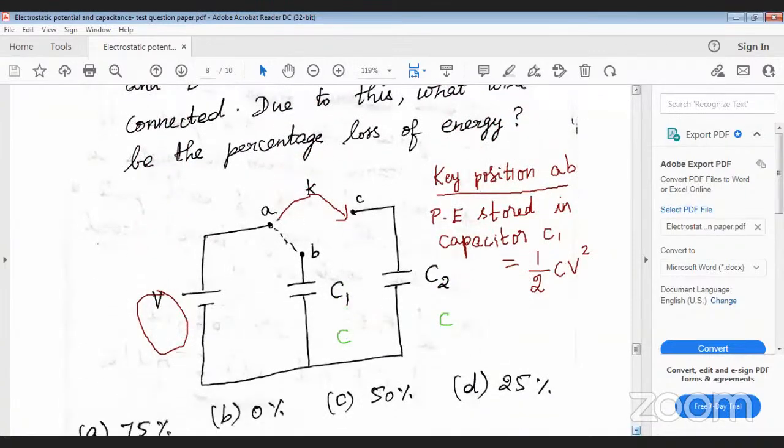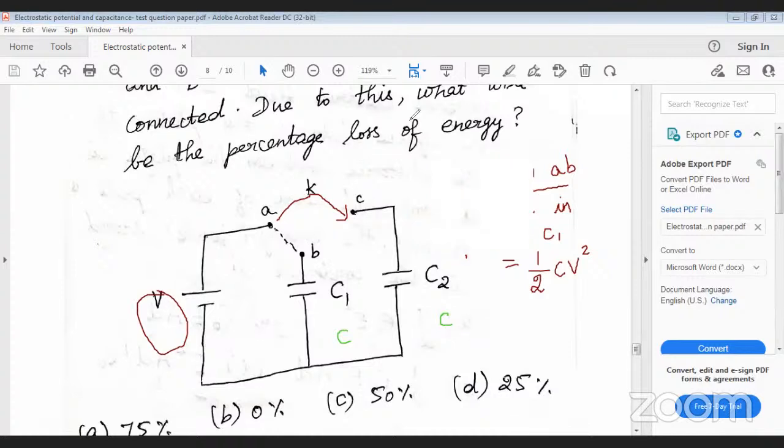So here you can see the points B and C are connected like this. Let me use a different color so that you can understand. Here point B and C are connected. They are not switching off this source, they are changing the key position to this point.